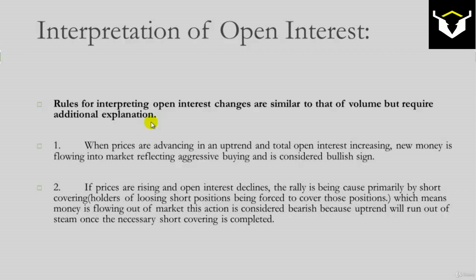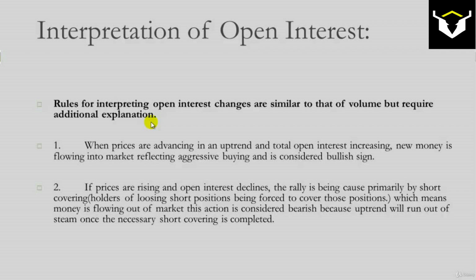When prices are advancing in an uptrend and total open interest is increasing, new money is flowing into the market, reflecting aggressive buying, and is considered a bullish sign. So prices are moving in a given market and open interest is increasing. For example, total outstanding trade was 10 lakh.